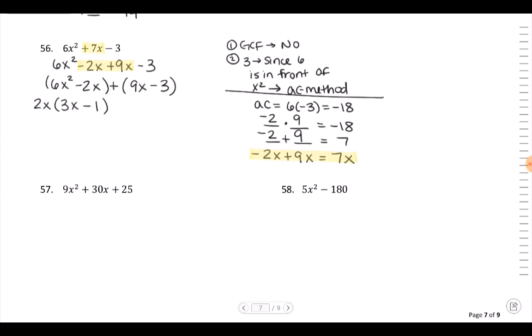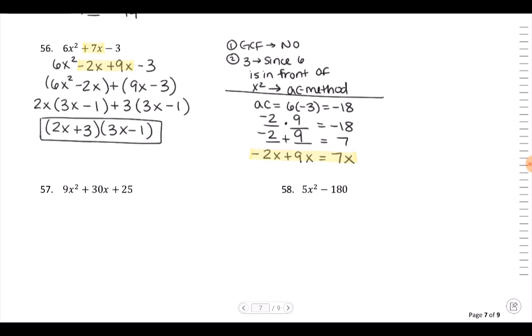Right, negative 2 divided by 2 is negative 1. And then here I can factor out a 3. So 9 divided by 3 is 3x, and negative 3 divided by 3 is negative 1. Well, now my parentheses match, and we have 2x plus 3 here, and then the 3x minus 1 here. So you're done.